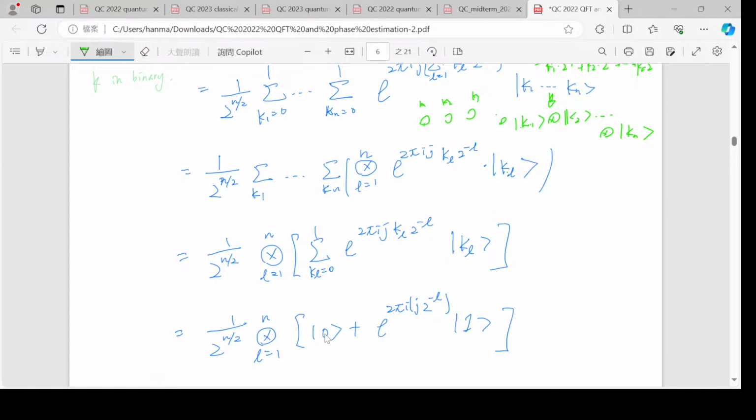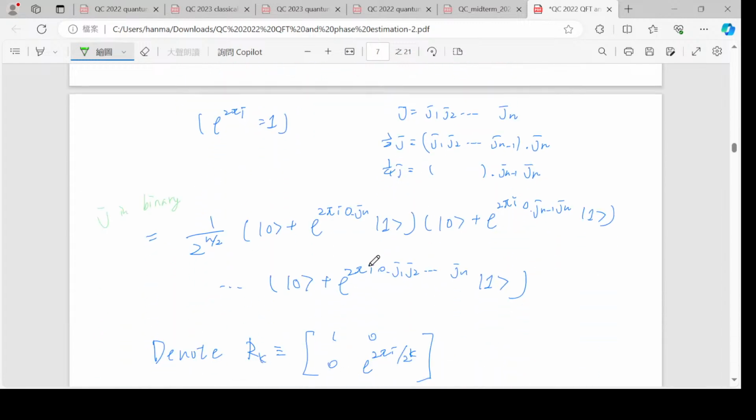And k equal to 1 means this qubit is in 1. It's 1 here, but you see the other thing, you have e to the 2 pi j 2 to the minus L. So here we are just writing all this summation of k_o equal to 0 and 1, and we are basically done here.